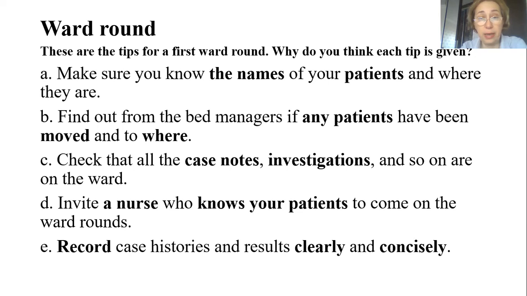Check all the case notes, investigations, and so on. So why should the doctor do this? First of all, he should investigate the case and take the patient's history, because if someone in his family has a heart disease problem, I think that will affect the patient.